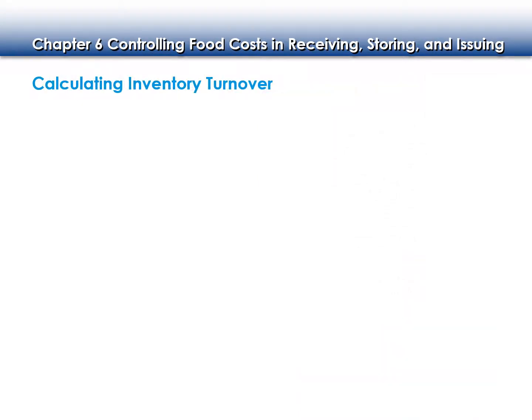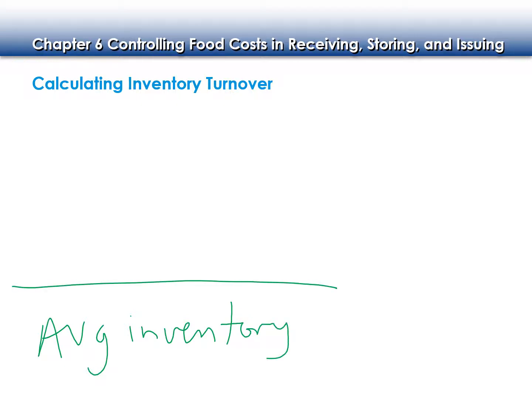So to calculate our inventory turnover, we need 2 different numbers. Okay? Well, I think we actually need 3 different numbers. We need our average inventory. And what goes on top?